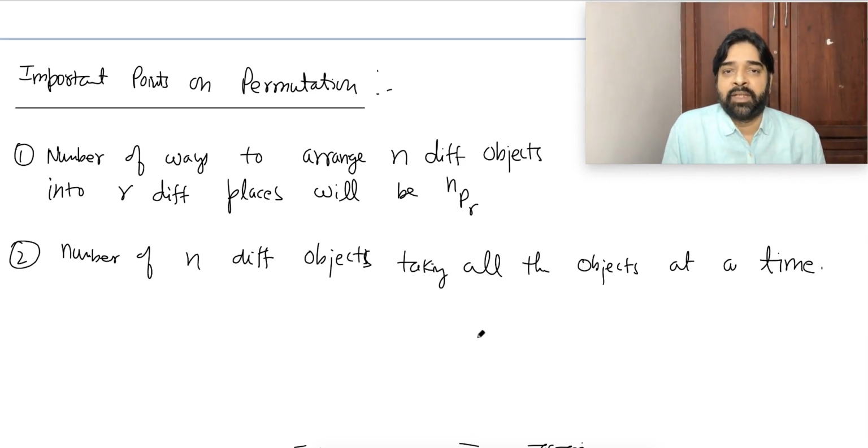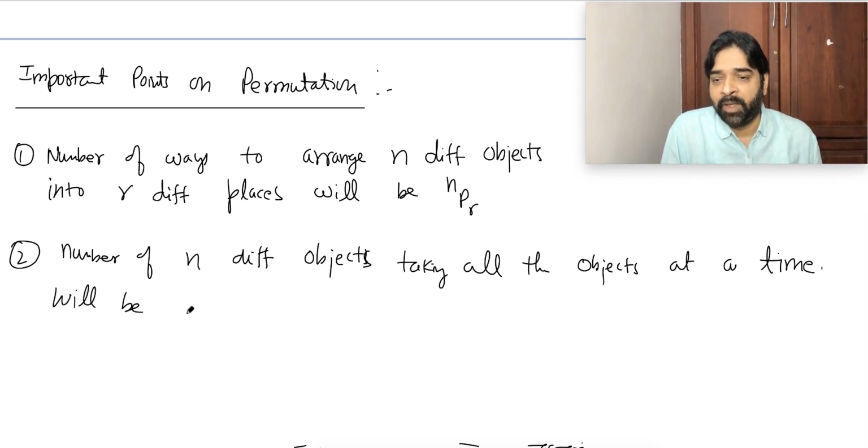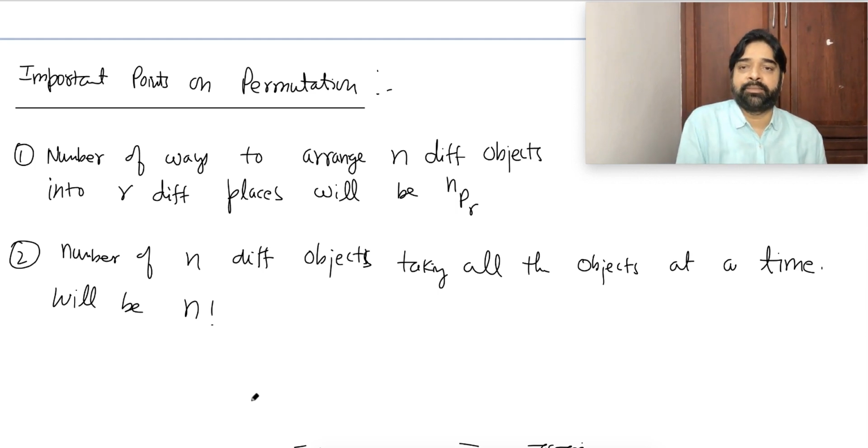You can tell easily, we are arranging n objects, so we'll say nPn. nPn is what? n factorial by 0 factorial. 0 factorial is 1, so it will be n factorial.